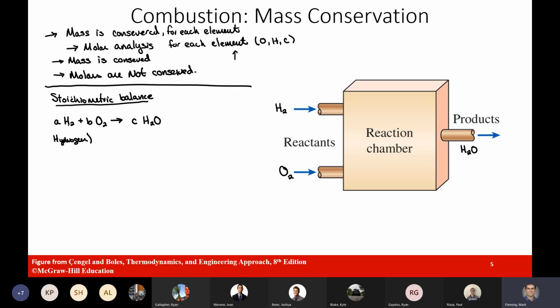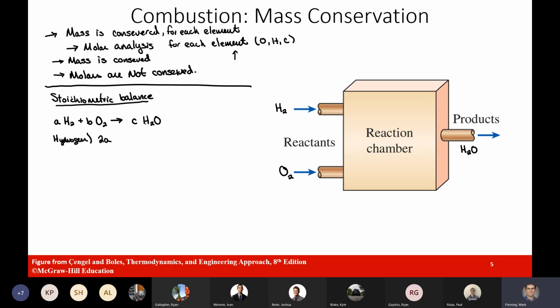And so we'd say, well, there are 2 hydrogens per 1 kmol of this stable system. We would have to look at this again per element. And so we bring the 2 out front. And so the balance begins by saying we have 2A, so 2 times the stoichiometric coefficient for our hydrogen molecule.